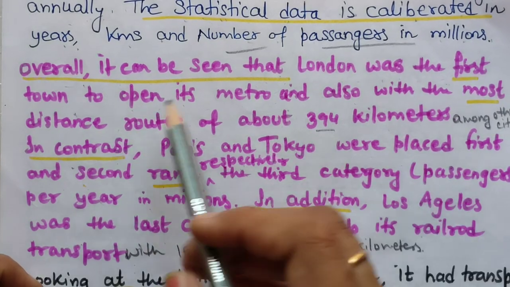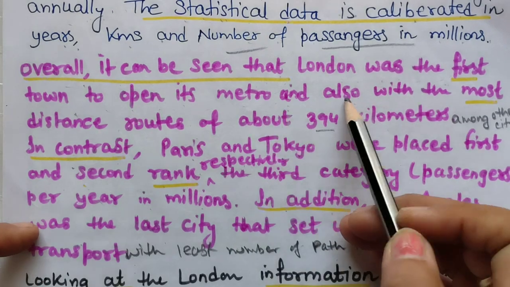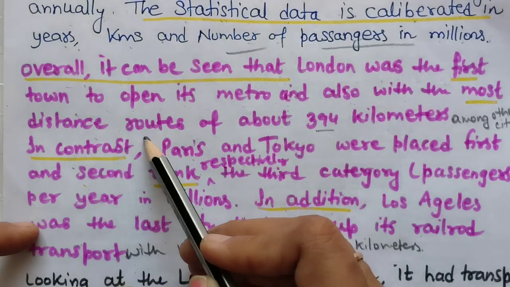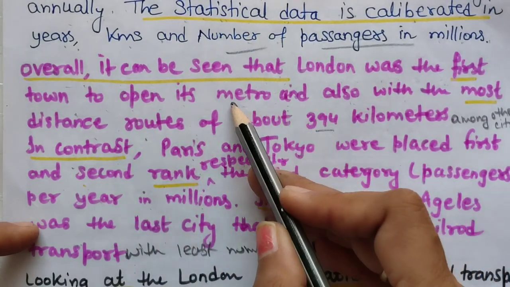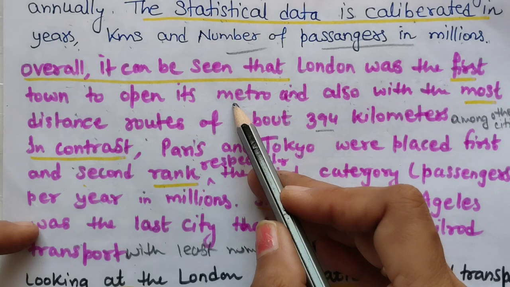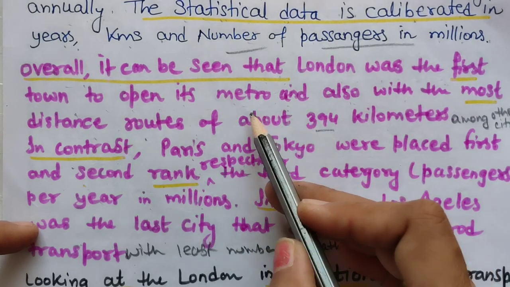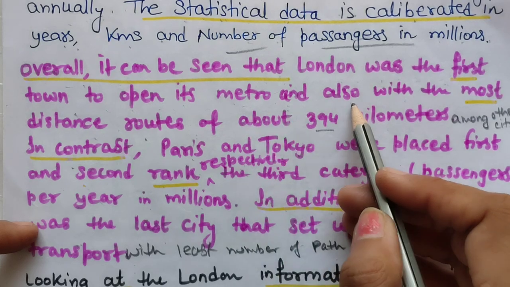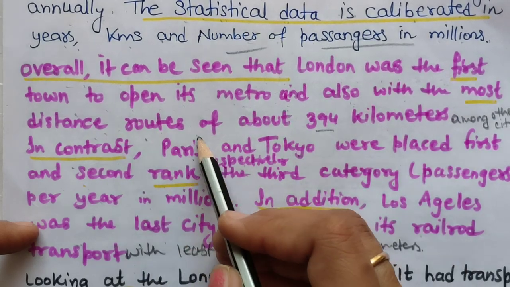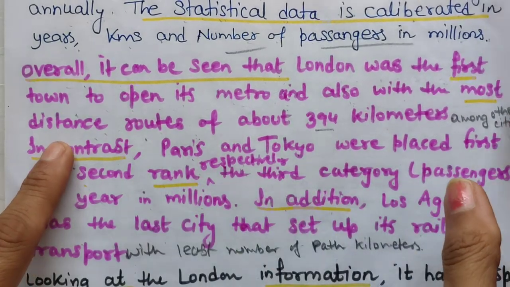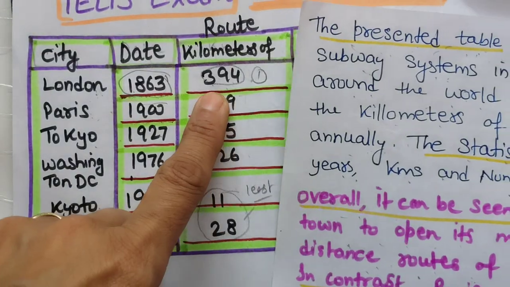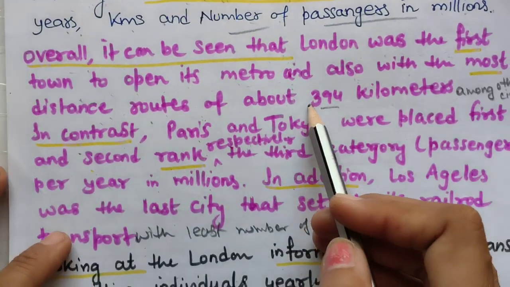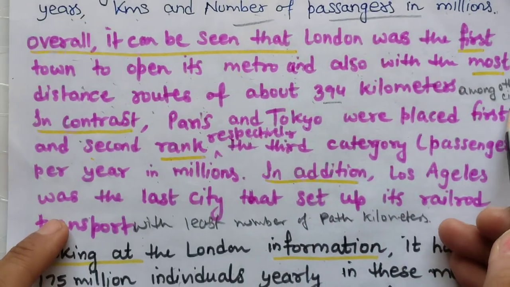So here was the first town to open its metro, and also with the most distance routes. I have just paraphrased the word railway subsystem, so I have written metro. So in my country it is metro. It is known as metro for this thing. Also with the most distance routes, means maximum distance route is 394. Okay, 394 kilometers among other cities.